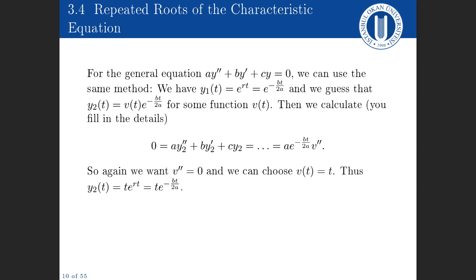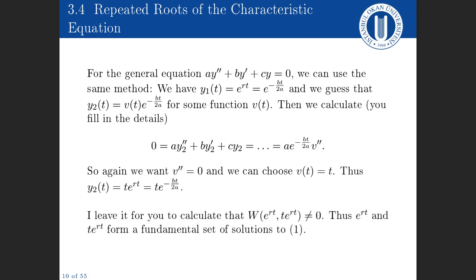So our second solution is going to be t e to the power rt, or t e to the power minus bt over 2a. We should check that the Wronskian of e to the power rt and t e to the power rt is not equal to 0. I'll leave this for you to do.